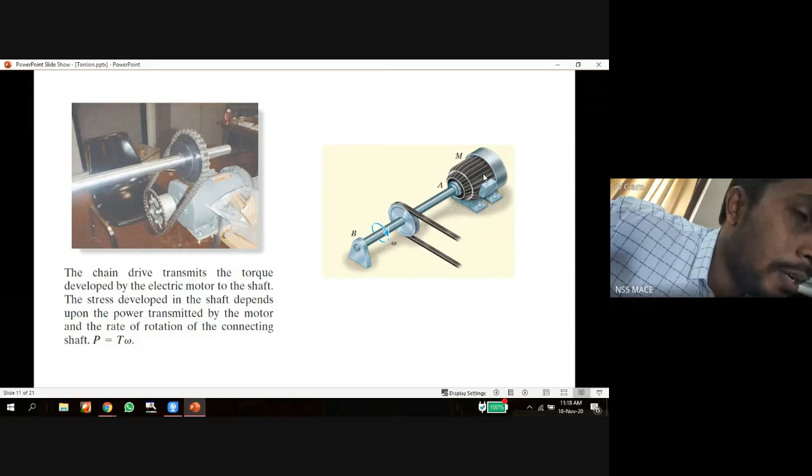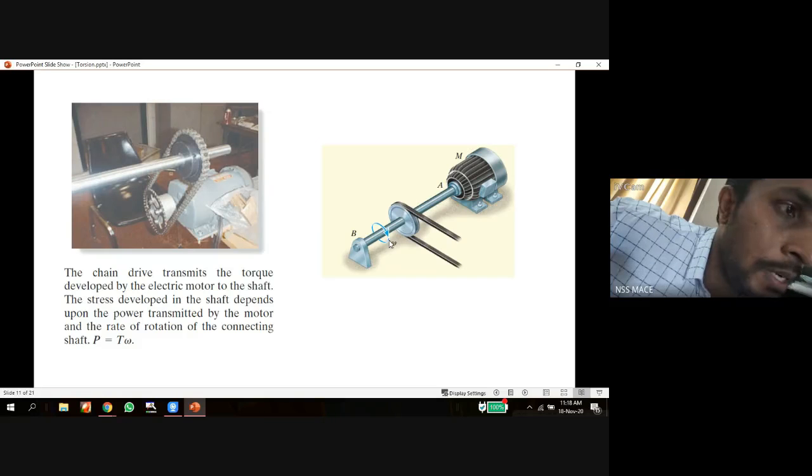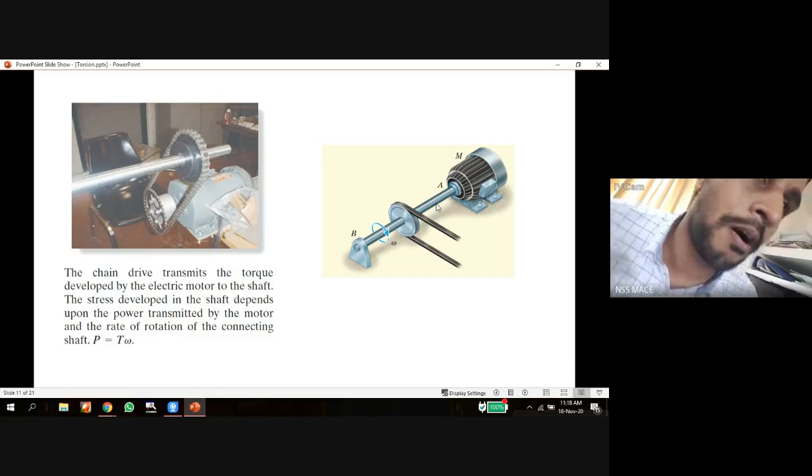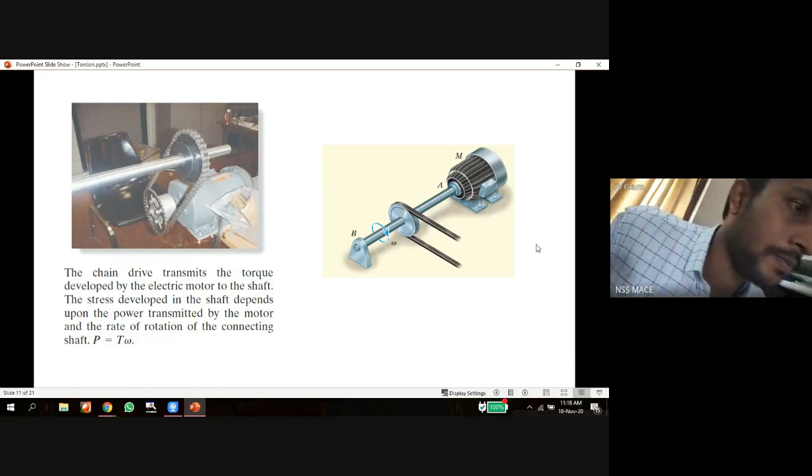When we transfer the power from the motor, a torque will be developed on the shaft. Across any cross section, shear force is developed, and the moment of the shear force resists the torque developed across the cross section.